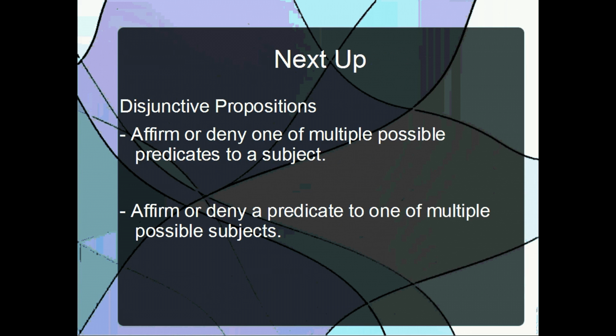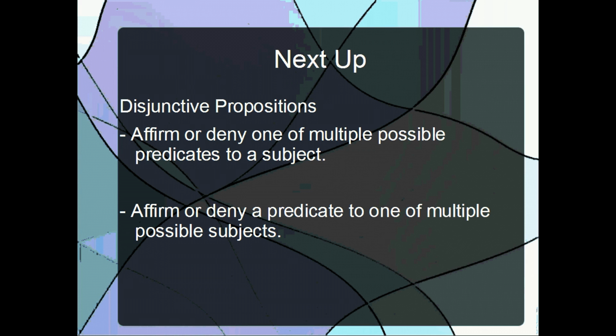Okay, so next up we'll talk about disjunctive propositions. The purpose of a disjunctive proposition is to make an affirmation or denial about multiple possibilities. And those possibilities, those disjuncts, could either be, again, the predicates or the subjects.